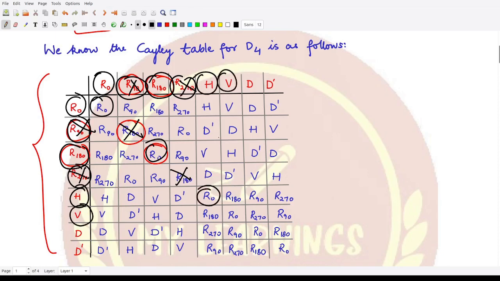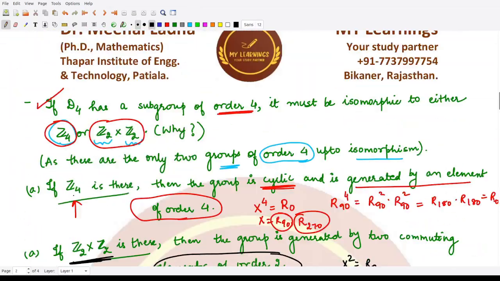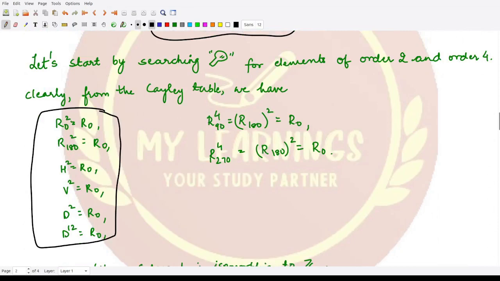V with V is R0, yes. D with D is R0, yes. Right, and D dash with D dash is R0, yes. So that means you have to just look at the diagonal elements. Here you have R0, R180, H, V, D and D dash. These elements satisfy this condition and they are of order 2 here, right?